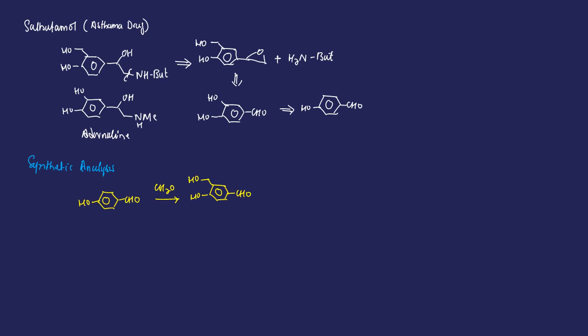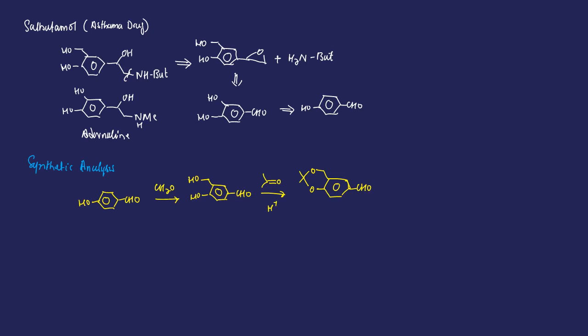Then it is treated with acetone in acidic condition so that we could protect the 2-hydroxyl group, and this protection is important before we make any reaction on formyl group.